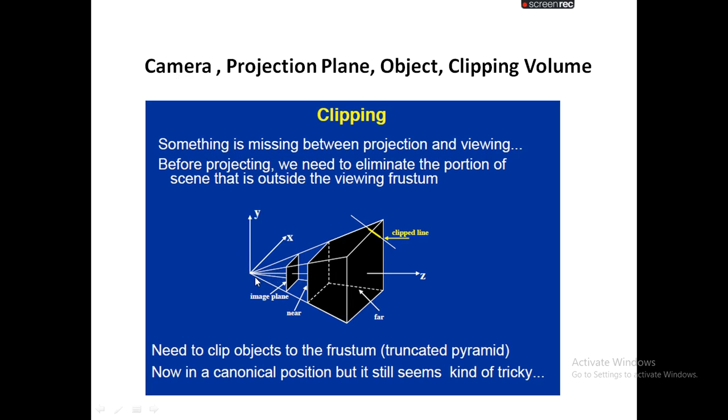I kept the synthetic camera here, which means our eye is located here. And if the synthetic camera is here, I need to define the position of the camera with respect to the viewing coordinate system. So I placed the camera here, that is called the synthetic camera.